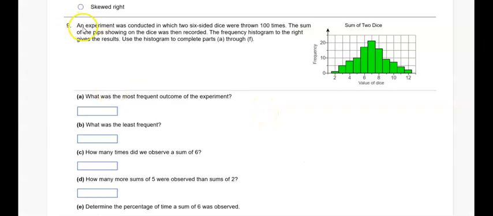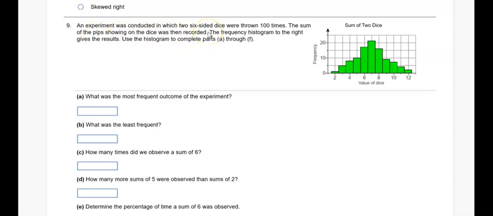Question number 9. An experiment was conducted in which 2 six-sided dice are thrown 100 times. The sum of the pips showing on the dice was recorded.